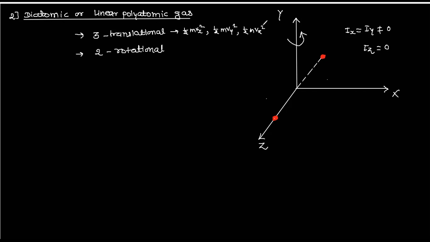Whereas you will have only two rotational degrees of freedom, that is half Ix omega x whole square, half Iy omega y whole square. This is for diatomic gas.